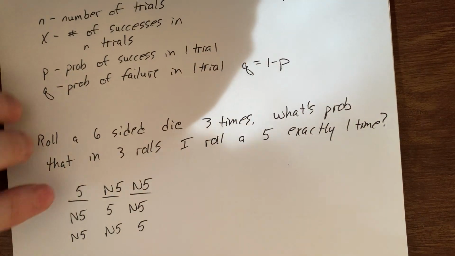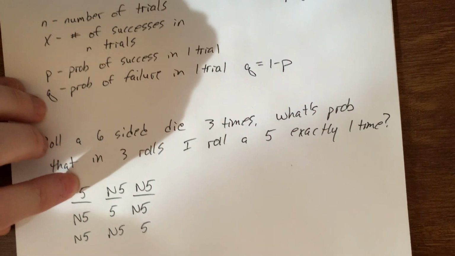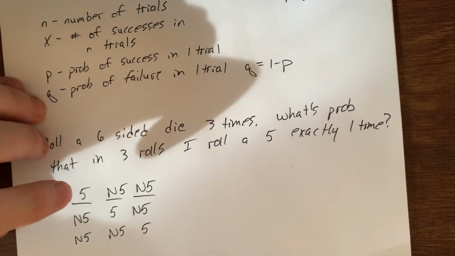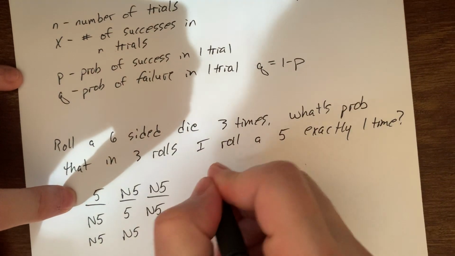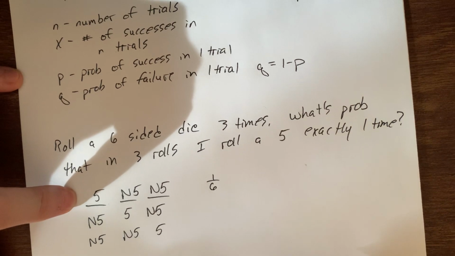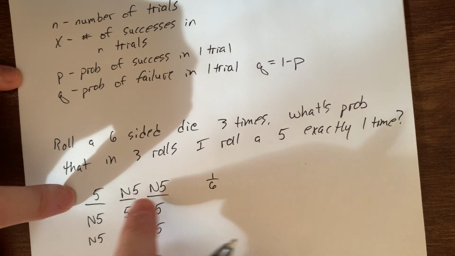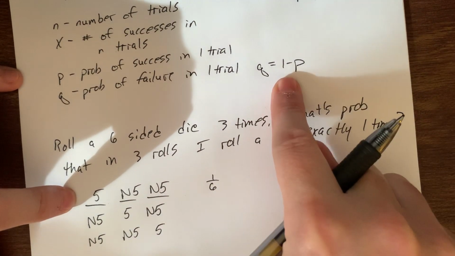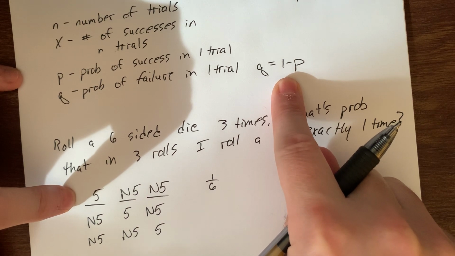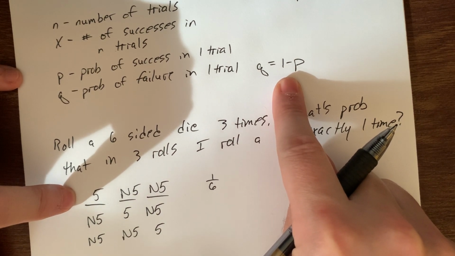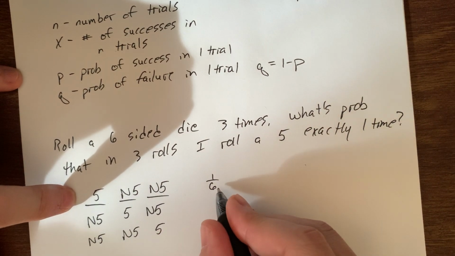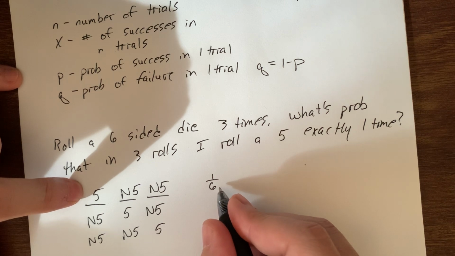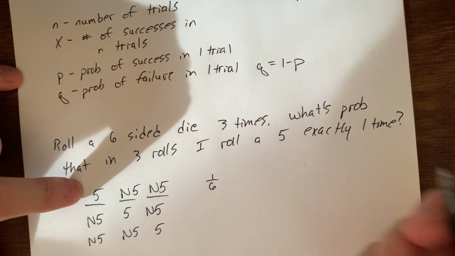But now let's look at the probability that each one of these things happens. Starting with this one. I roll and I need to get a 5. Well, there's a 1 out of 6 possibility I get that 5. But then for the next 2 not getting a 5, again, there's the idea of the complement. I could think, well, there's one 5, so there's 5 not 5s. Or I could just use that idea of complement. 1 out of 6 gives me what I want, means 5 out of 6 does not give me what I want.